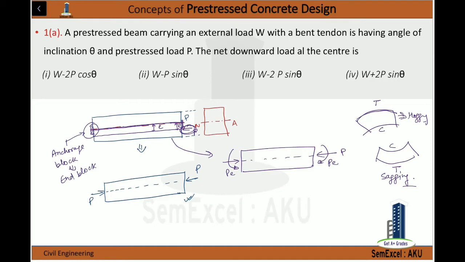Now let us say this pre-stressing cable is not provided at some constant distance E from the center line, but it is provided at variable height throughout the length of the beam, like this.